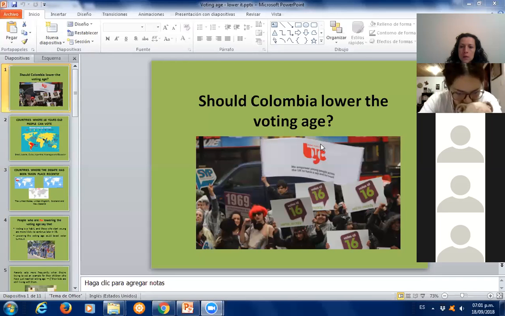Okay, if you don't have questions, we are going to move to the debate. This is a topic. Recently, Petro, the Colombian politician, thought that it could be a good idea to lower the voting age so that 16-year-old people could vote.